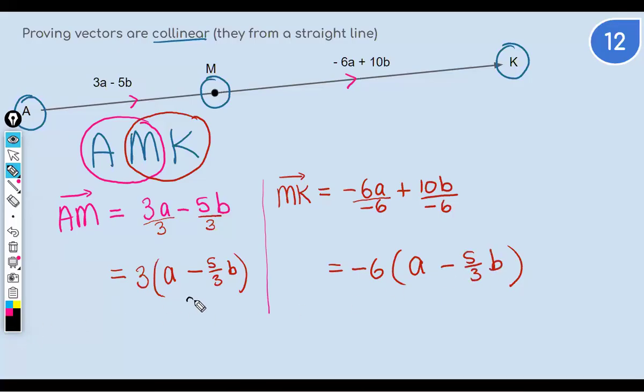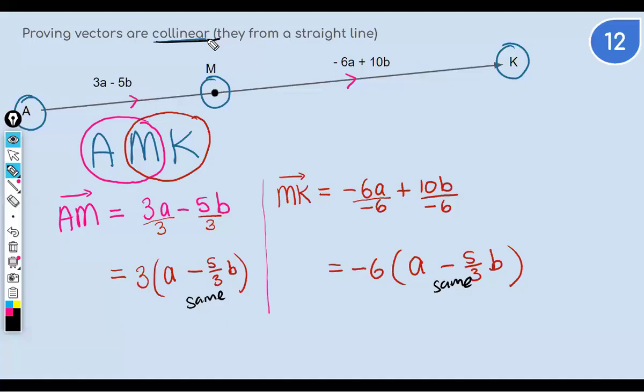You notice inside the brackets, they look exactly the same. Once you get the 2 of them to look exactly the same inside the brackets, that's your proof. That's proof they are either collinear or parallel. In this case, they're asking for collinear, but it will be the same exact working for parallel.